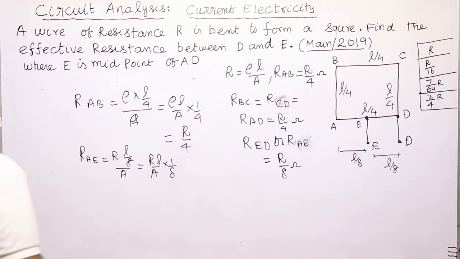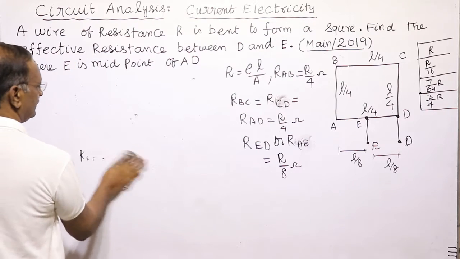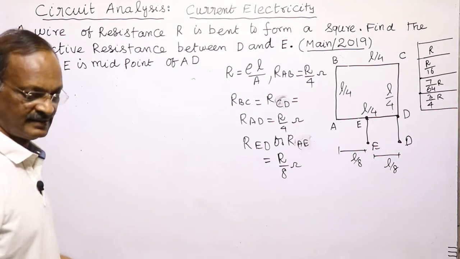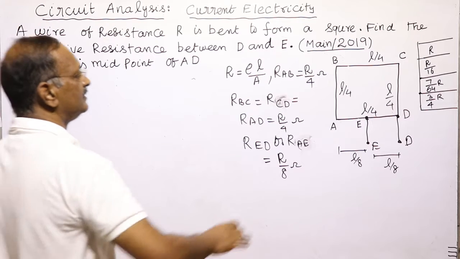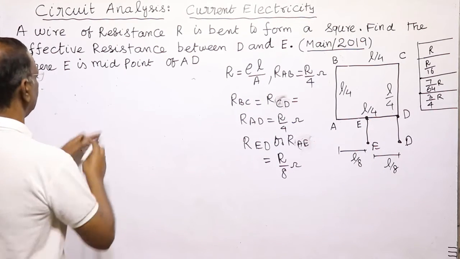Now what is the question asking? Find the resistance between these points. So now we can draw the circuit like this.